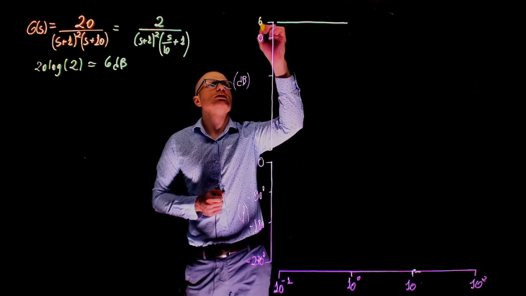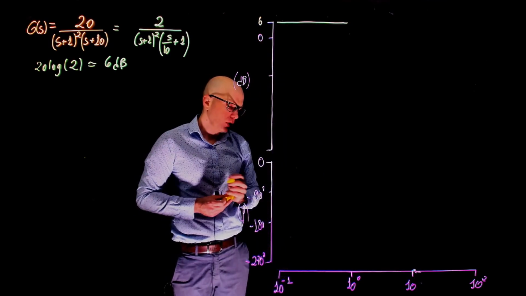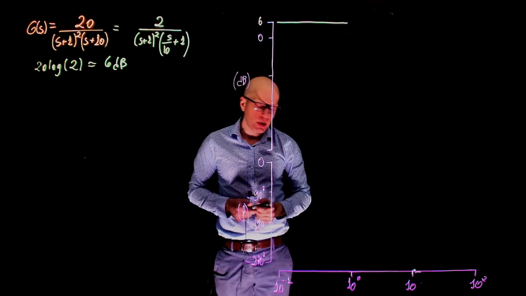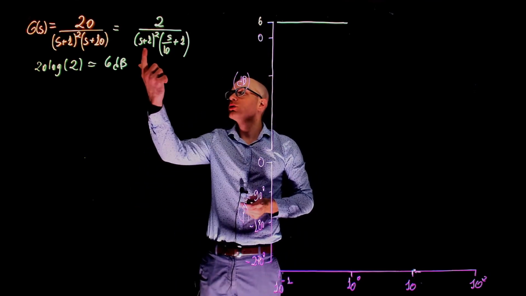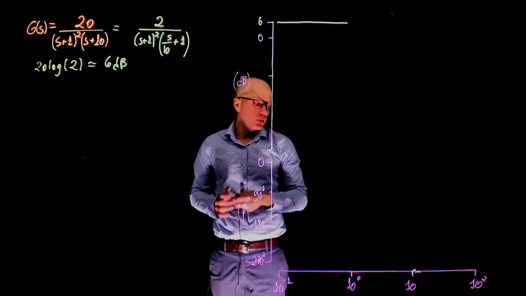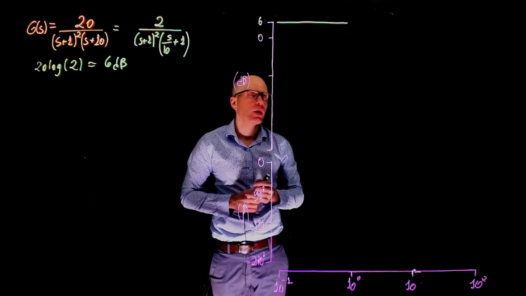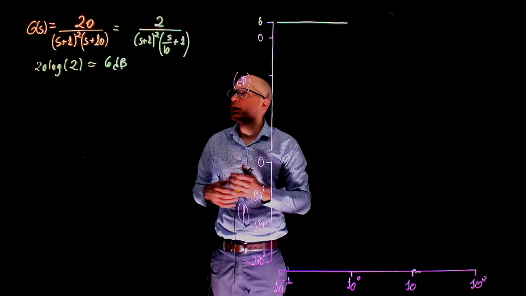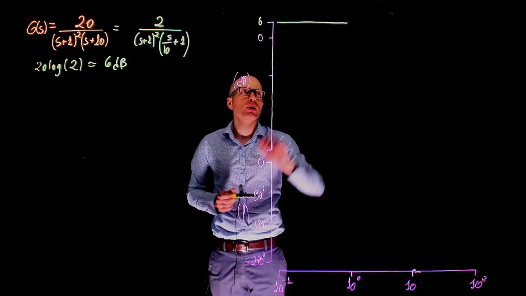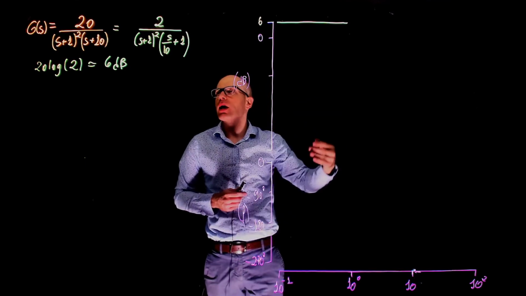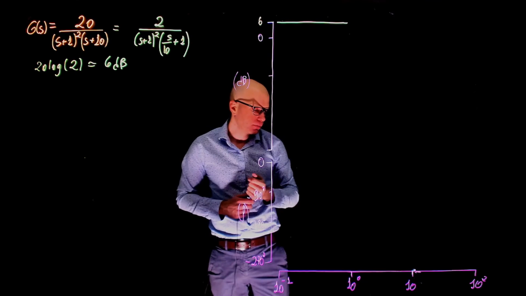This is 6 decibels. What happens at 1 radians per second? Well, there we have two real poles at the same cutoff frequency. Each pole adds negative 20 decibels per decade to the slope, so the slope that is 0 becomes negative 40 dB per decade.